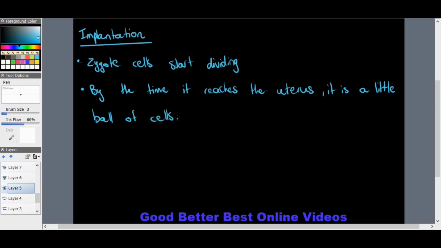It has a new name now, which is called an embryo, E-M-B-R-Y-O. The embryo will then sink into the thick lining that the uterus has prepared.